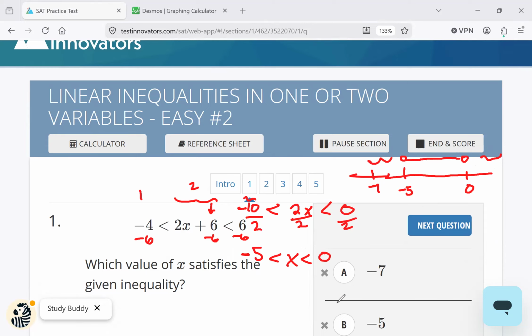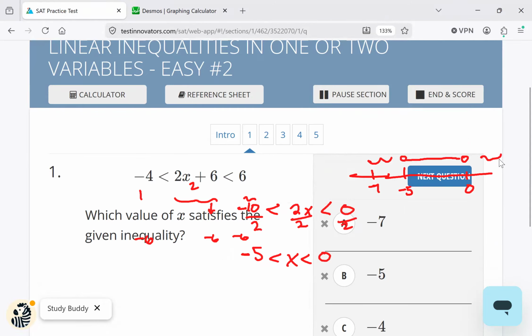Is it B, -5? No. You can't use -5 completely because it doesn't have that equal sign. So no. What about C, -4? Yeah, -4 is in our boundaries, right? Right here.